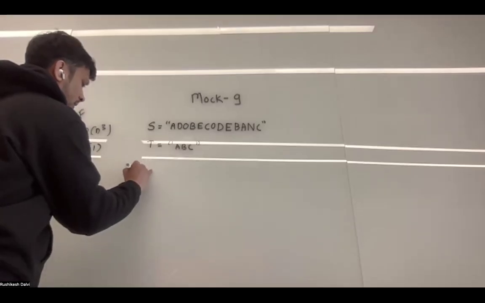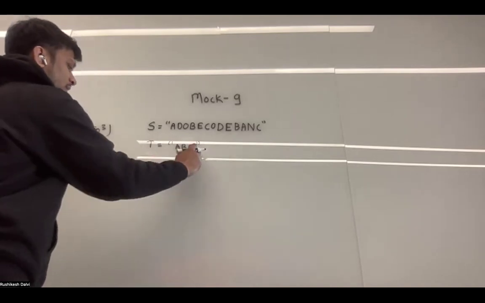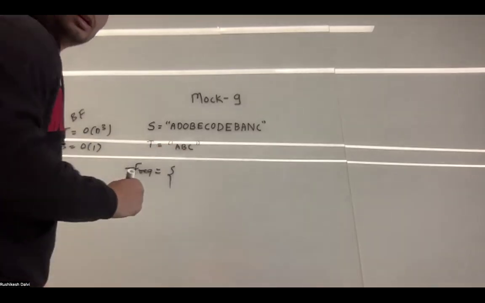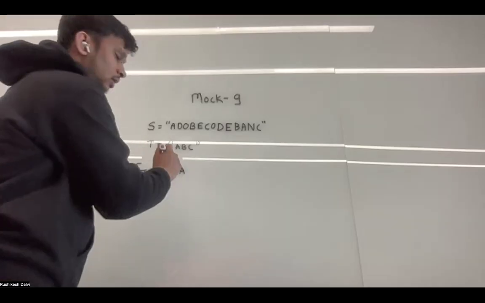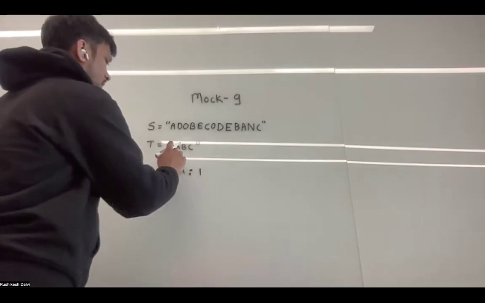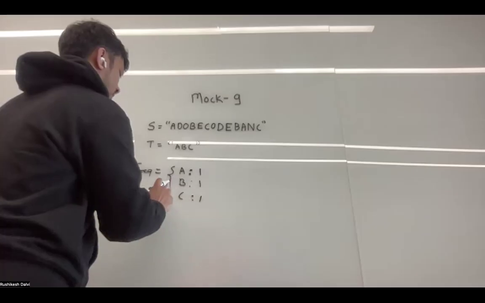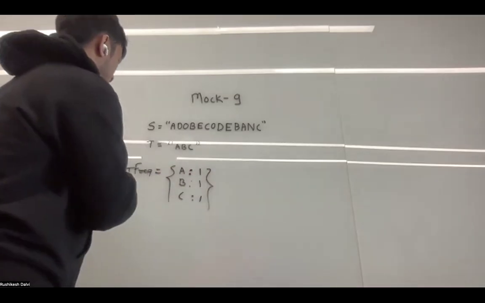This will be my T frequency hash map. I will map each character with its frequency, so the key will be the character. Let's say A: I will iterate over this string, and A occurs one time. B will be one. C will be one. So this will be my T frequency map.